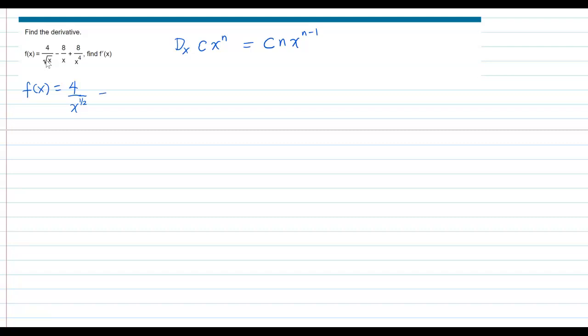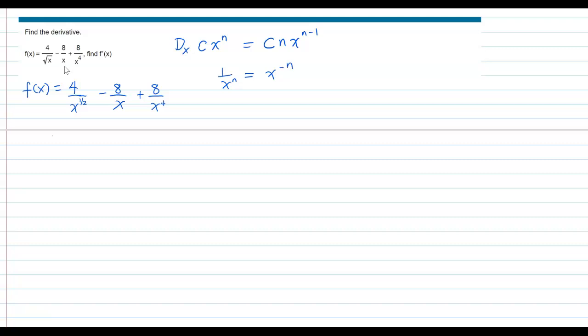Now also recall that if you have 1 over x to the n, this is also equivalent to x to the negative n.